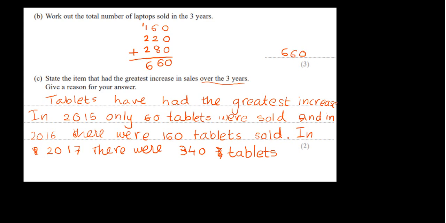Alex says in 2017 more tablets were sold than desktop computers. This means the shop makes more profit from the sale of tablets than from the sale of desktop computers. Is Alex correct? Let's go back to the question.